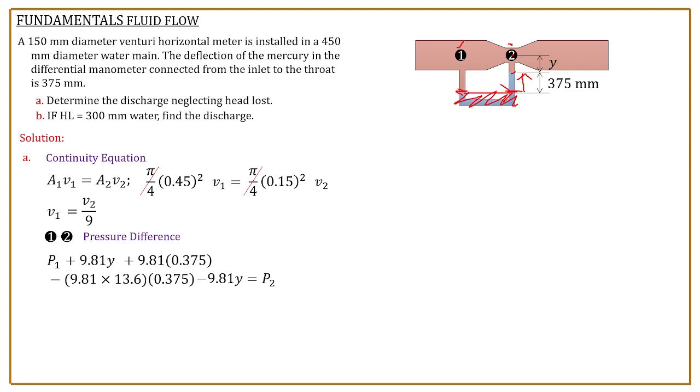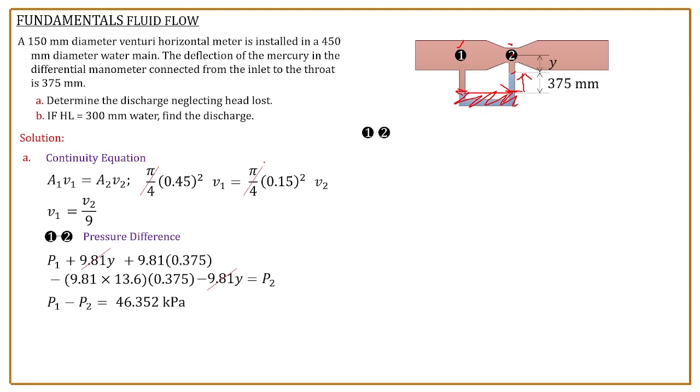Okay, time's up. So, our answer, pressure 1 minus pressure 2, that is 46.352 kilopascal.